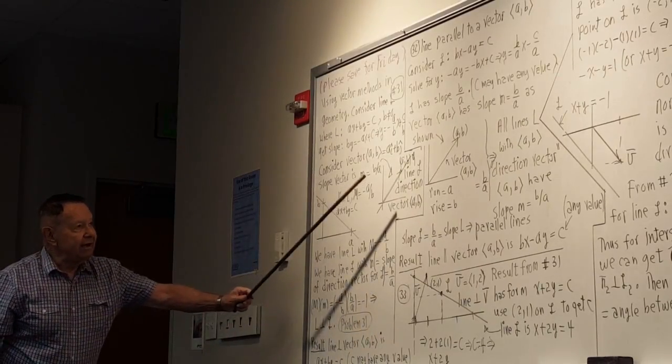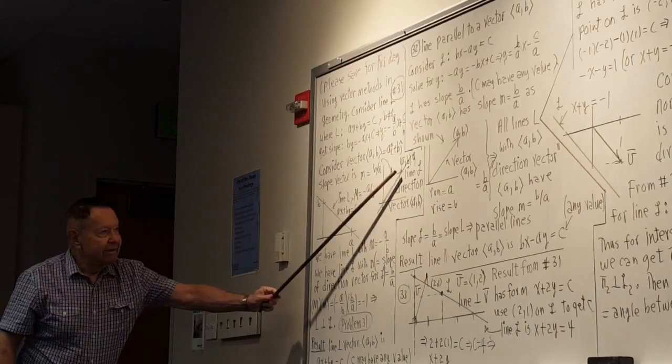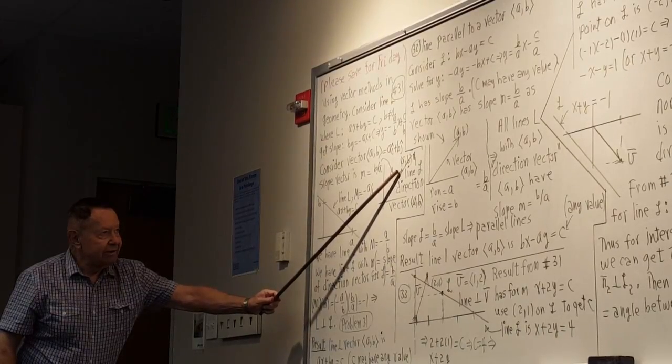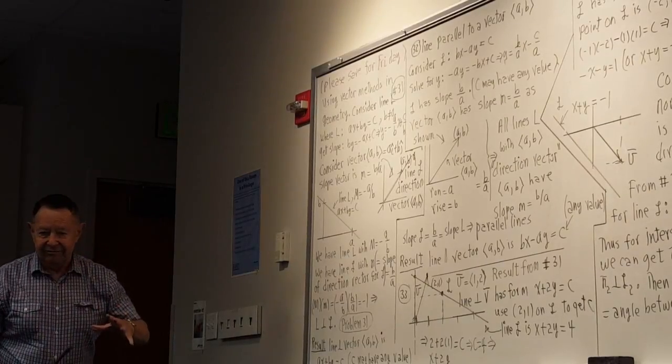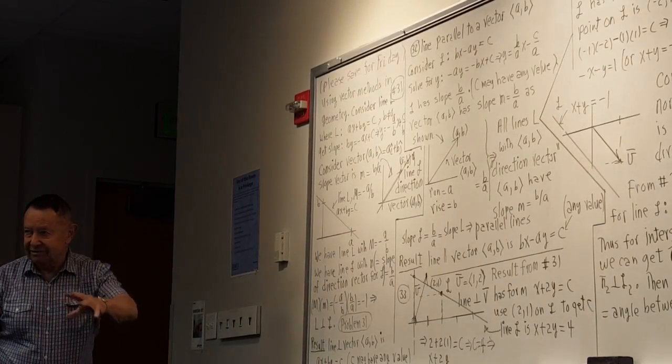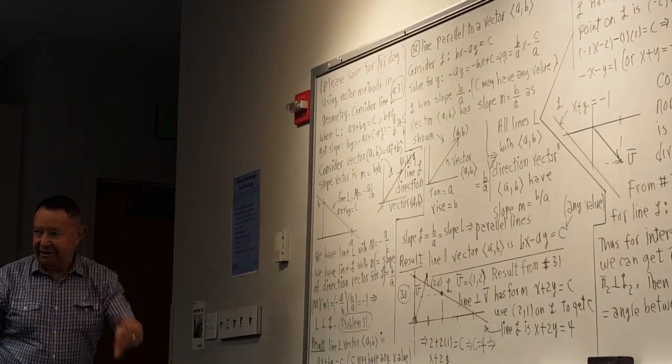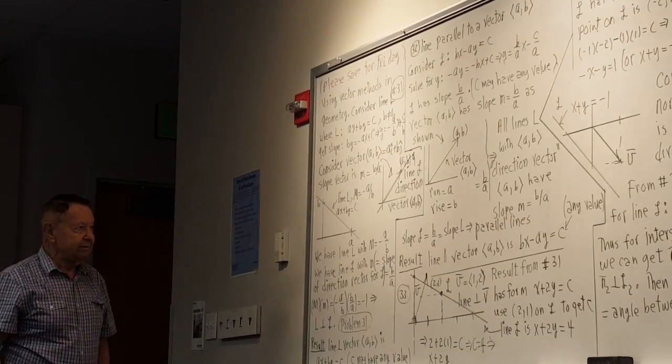And what we're after is a line then where this would be its direction vector, meaning the vector points the direction in which the line graph would run.